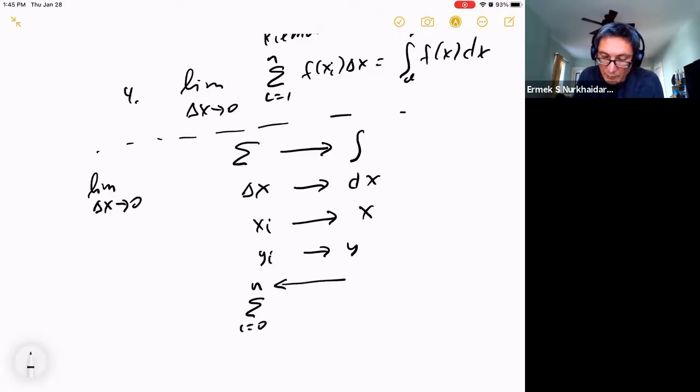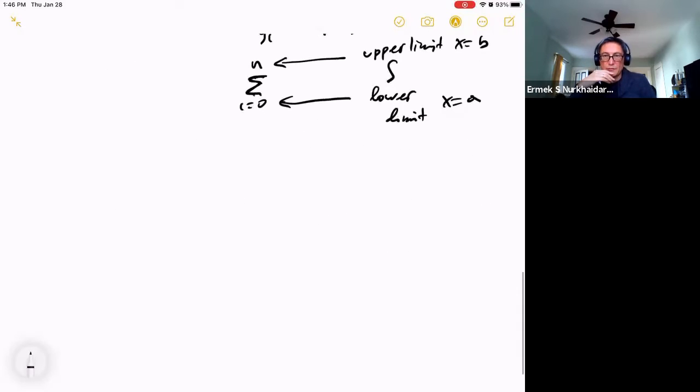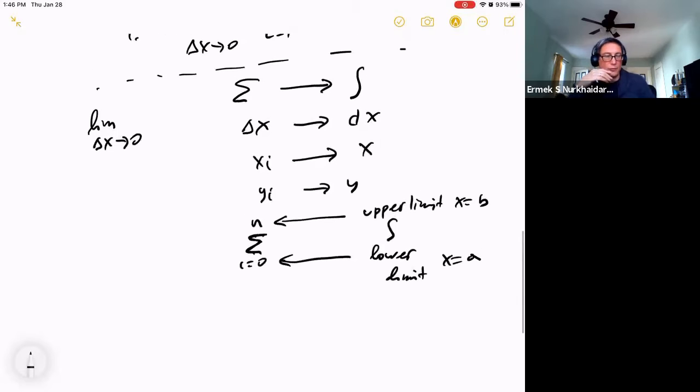So you see that n becomes the upper limit, that's b, and i equals 0 becomes the lower limit, x equals a, and sigma becomes integral. So just keep that in mind. That's how usually we're going to transfer a Riemann sum into an integral. Anyhow, that's what you should probably be familiar with from Calculus 1.